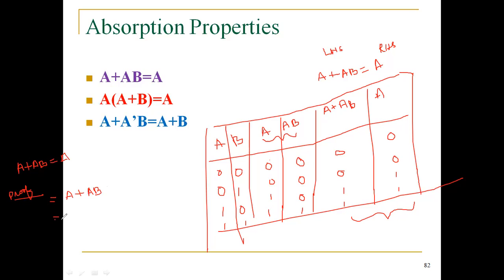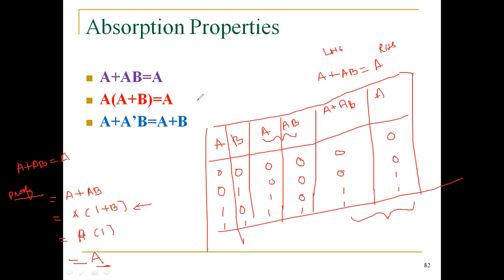In this, we can take A outside, so A into 1 plus B. 1 plus anything equals 1. Here I am applying the postulate: according to that postulate, 1 plus anything is equal to 1. So we get A. Hence it is proved.